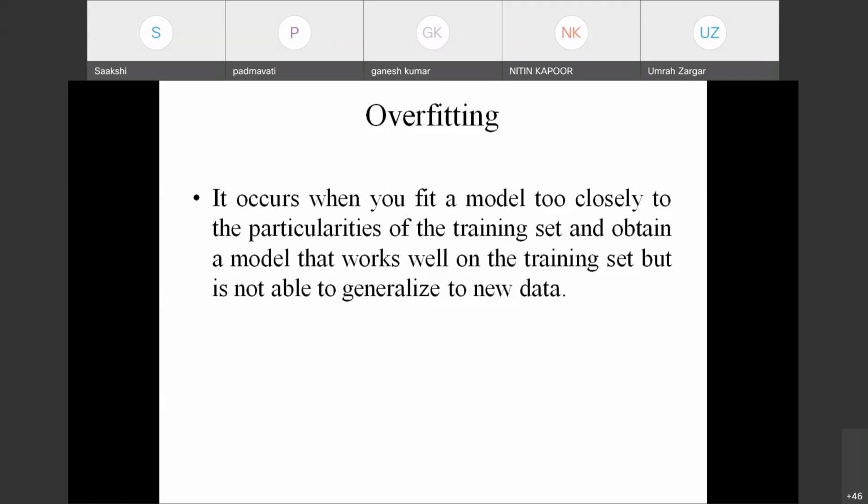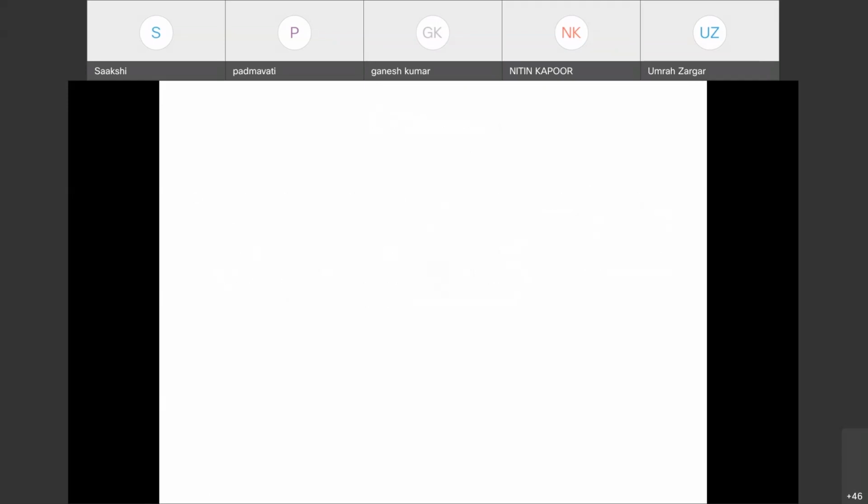Before moving to the next slide, why does overfitting occur? Whenever my model has learned completely on the training set, it is able to give 100% accuracy on the training set, but it is not giving good accuracy on the data which has not been seen, on the test set, right?